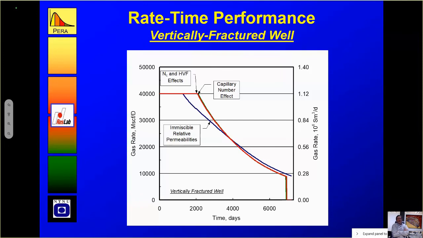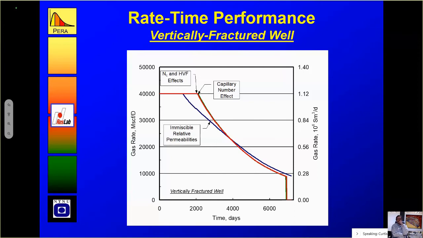But the blockage problem doesn't go away. So like here, if you had a dry gas non-stimulated well, you probably would get a similar production profile to this hydraulically fractured condensate well.